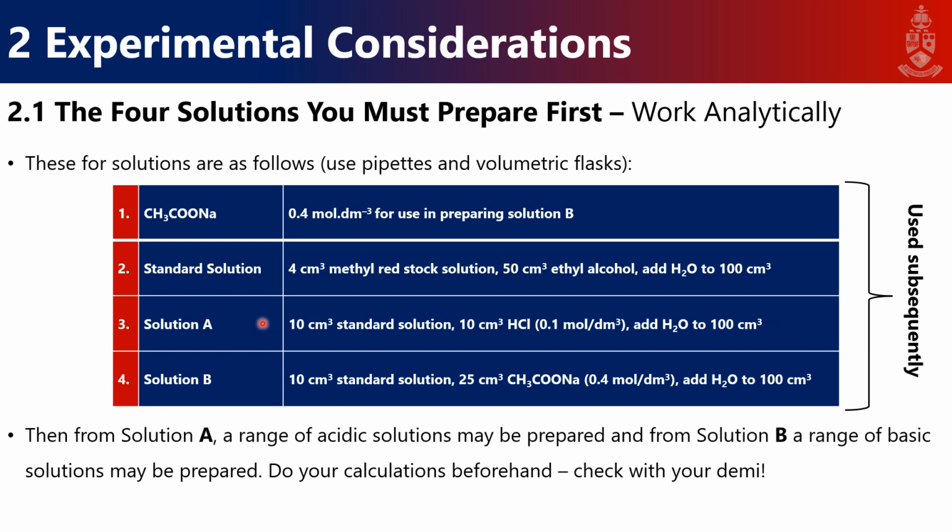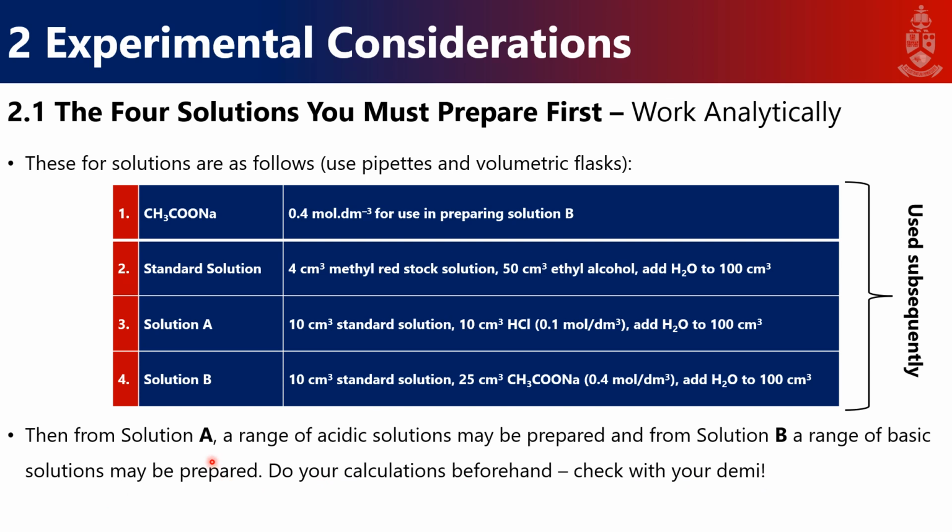just in case. Okay, so once you've made up number 1 and 2, you're going to use the standard solution in both the makeup of solution A and B, and you're also going to use the solution of acetic acid, or the acetyl solution, in B, and another solution that will be provided to you in A. And a very happy coincidence is that solution A is the acidic solution, and solution B is, well, the parent solution of your basic solutions.